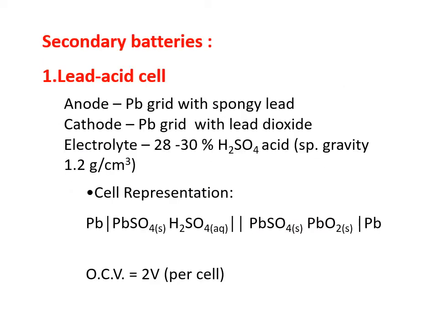Lead acid cell is an example of secondary batteries in which the anode is a Pb grid with spongy lead, the cathode is a Pb grid with lead dioxide, and the electrolyte is 28 to 30% H2SO4 having specific gravity 1.2 gram per cm cube.